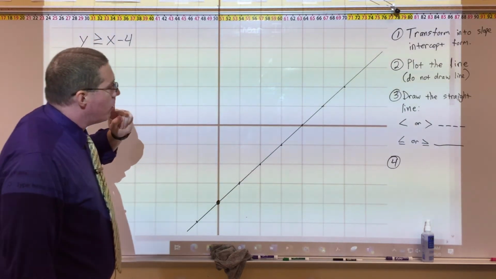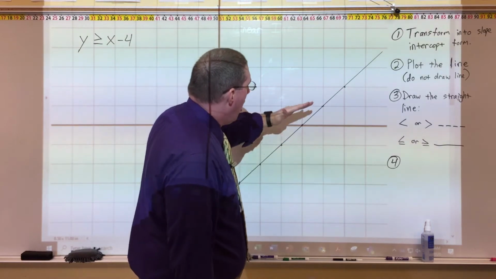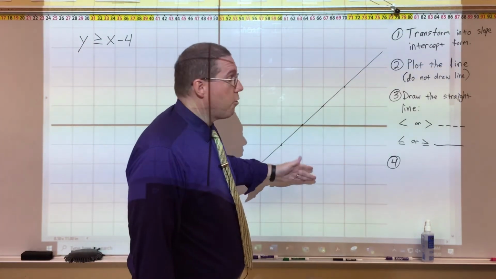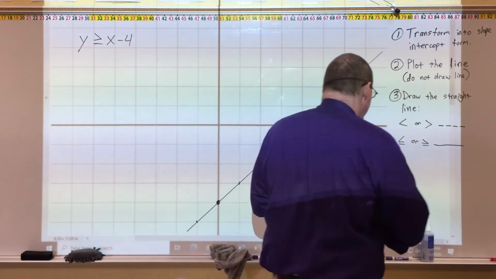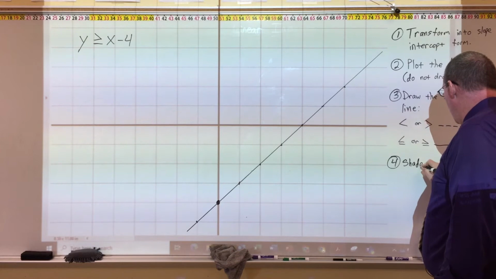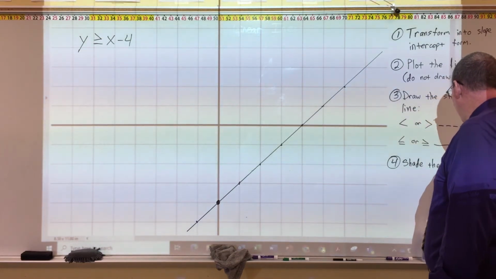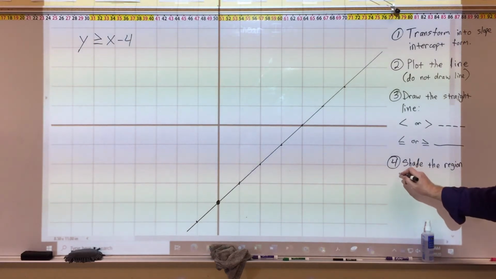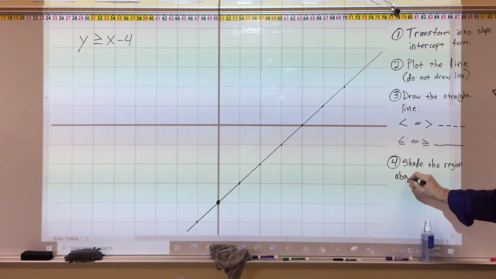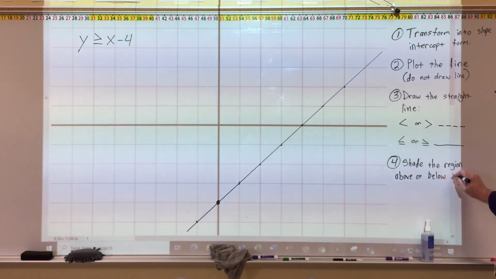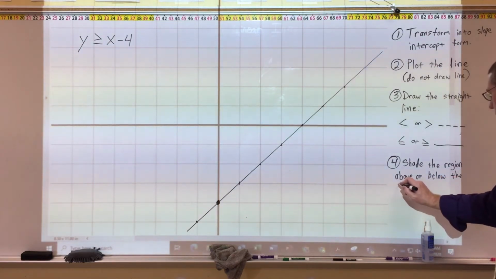And what we have to do is either shade above this line or below this line. So here's what I do. I'm going to say shade the region above or below the line.